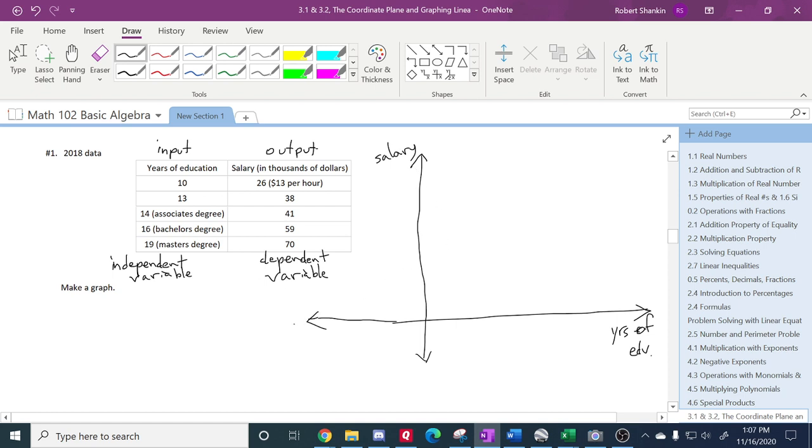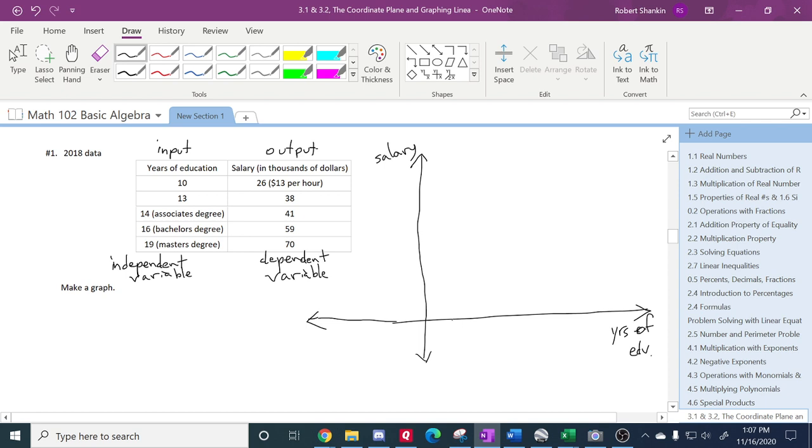And then we can't use the same number scales because these only go up to 20. Well, this has got to go up to 70. So if I went by fives, I could get up to 20, but I wouldn't be able to get up to 70. So you're allowed to change the scales to whatever you want.